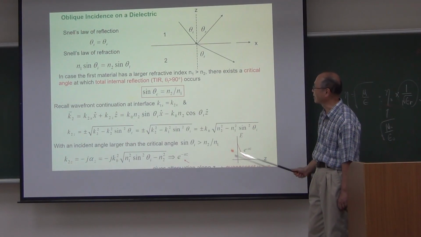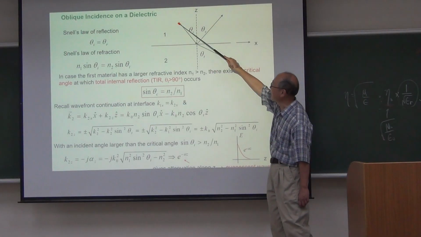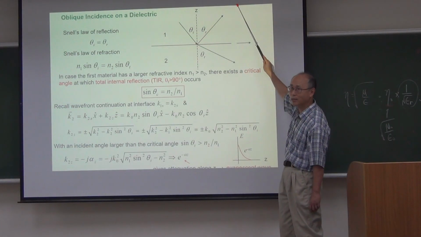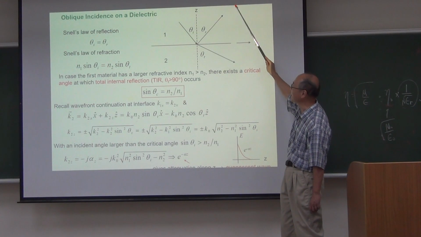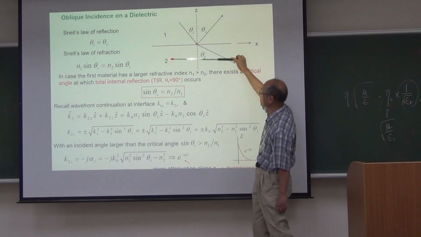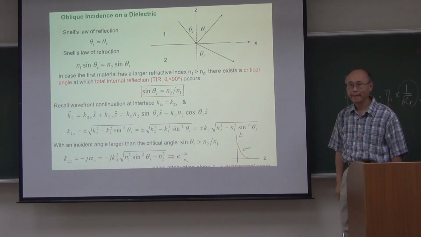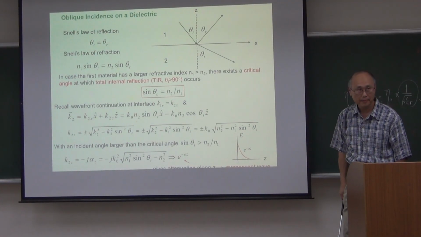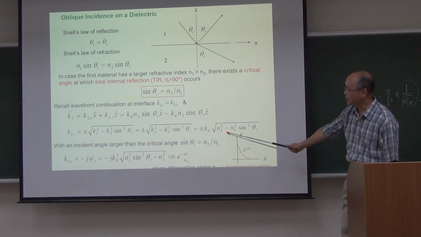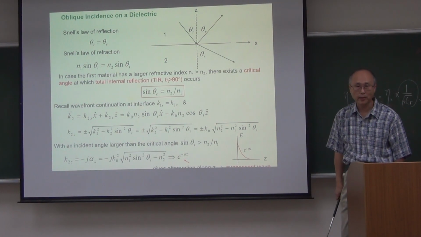You're going to find that when energy propagates back into the original medium, your electric field is going to have exponential decay. But this calculation is something that you have to go through by yourself.